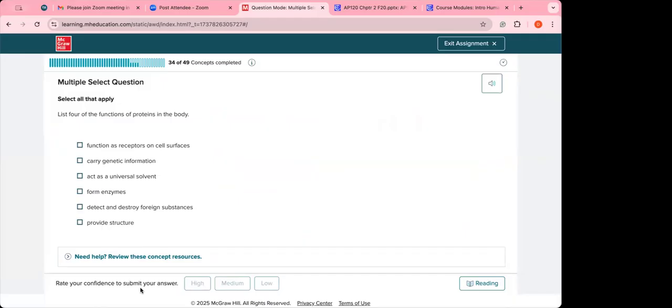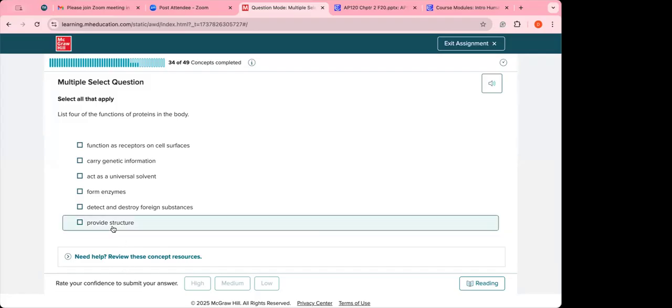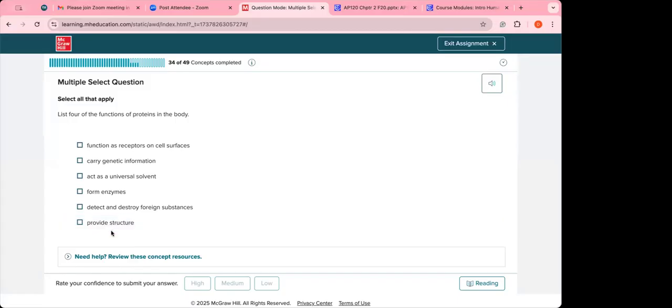Okay, so the 4 functions of proteins. 4 of these 6 answers are correct. What do proteins do? Would we provide structure? I don't know about that one, but I know they detect and destroy foreign substances.